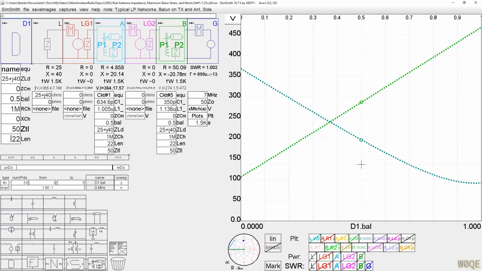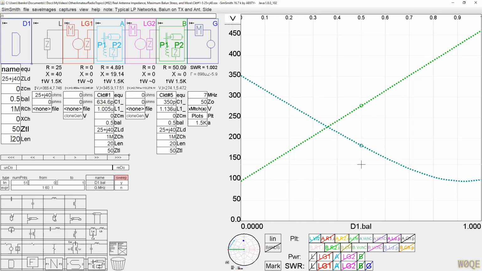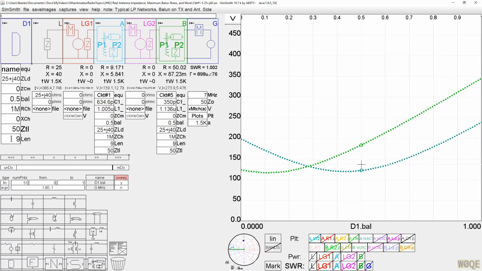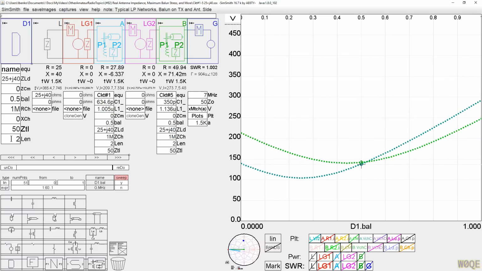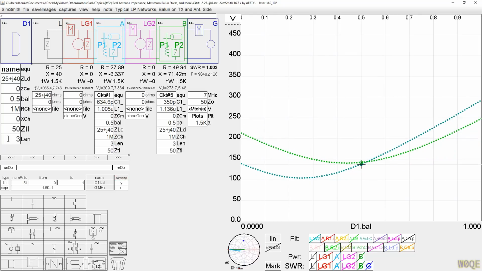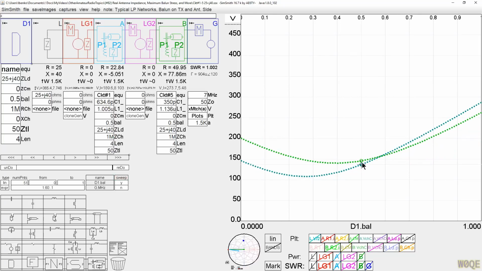This is pretty interesting. As we add length, now you're never going to have 20 feet of transmission line in your Balun, but if we go to lower values, we see that there are differences. When the length is virtually zero, which is what they did in their analysis, it made no difference. If I'm going to put 4 feet of wire in a Balun, it's a little bit better for it to be this case.